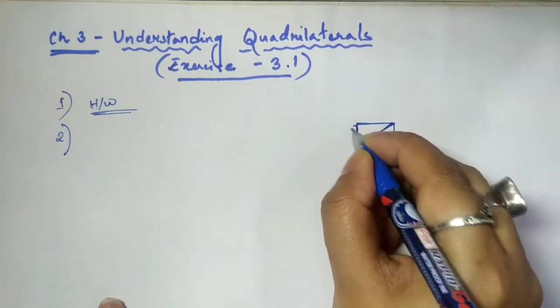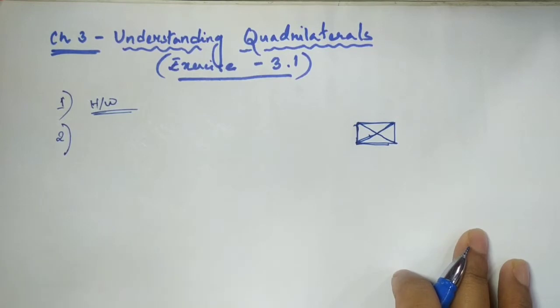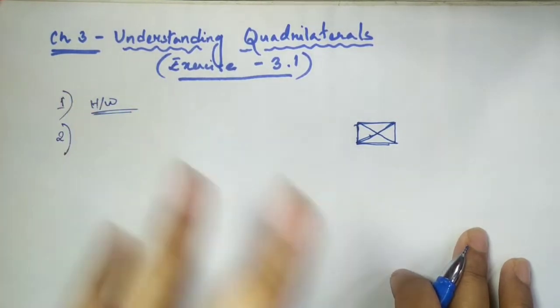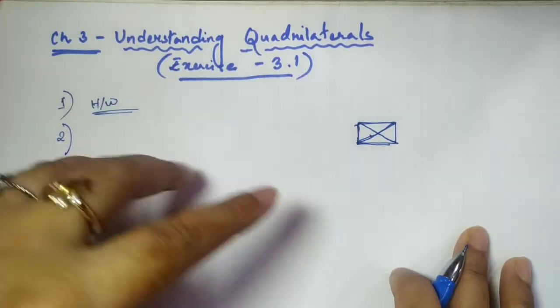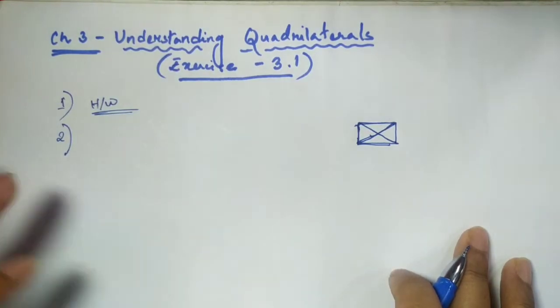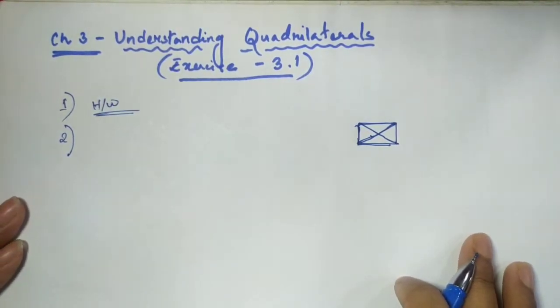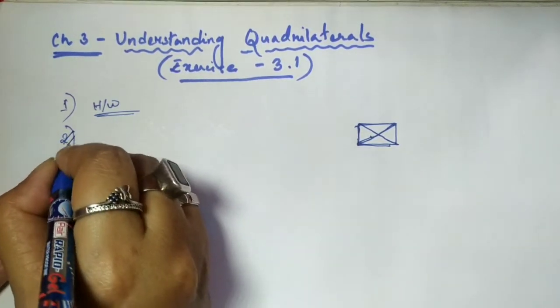This is a diagonal and this one is another diagonal. I can count there are 2 diagonals. But when the polygon has n number of sides, say 10 or 12 sides, a big polygon, what happens? It's difficult to draw all the diagonals and count the exact number of diagonals. There might be some mistakes. So there is a formula to find the number of diagonals.